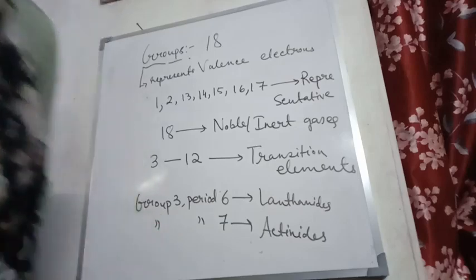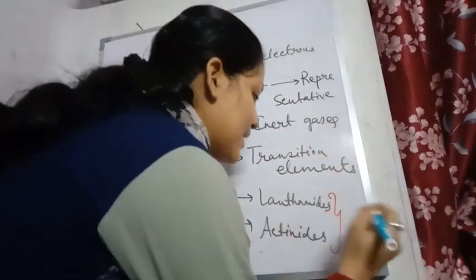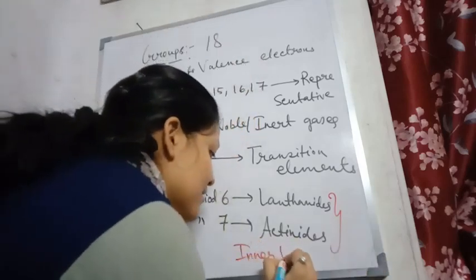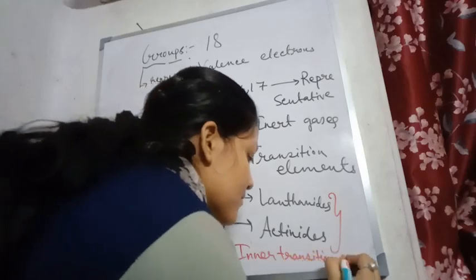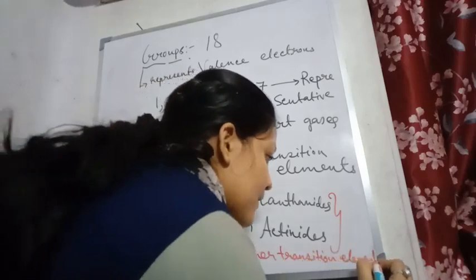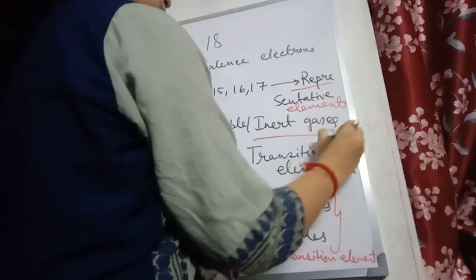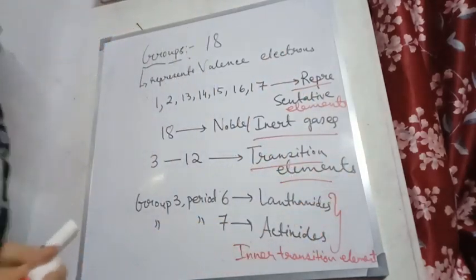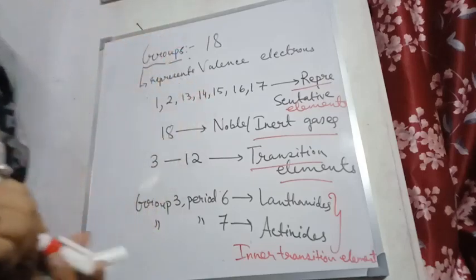These two are known as inner transition elements. So we have representative elements, inert gases, transition elements, and inner transition elements. So these are basically the general classification.